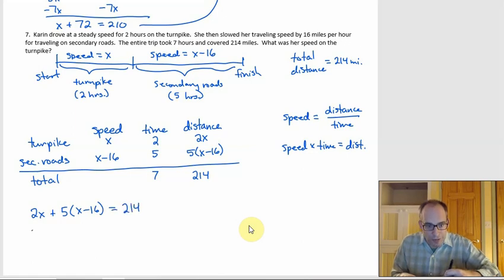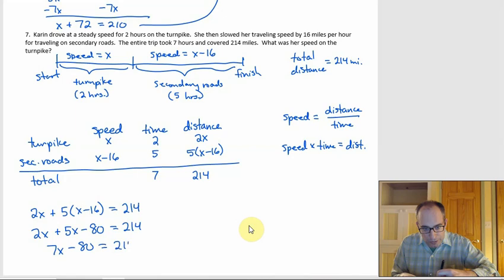I'm going to distribute that 5. So we have 2x plus 5 times x minus 5 times 16, which is 80. That's equal to 214. And we can combine terms a little and say that's 7x minus 80 equals 214. And then we're going to add 80 to both sides to get the 7x by itself.